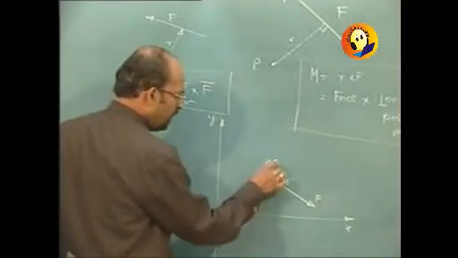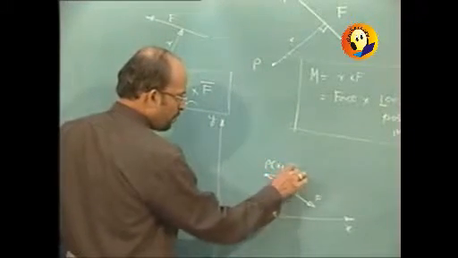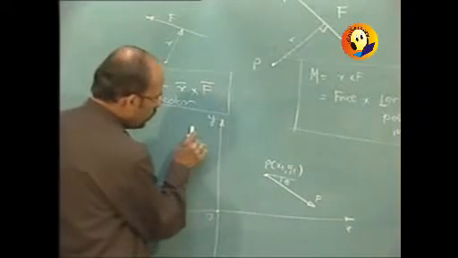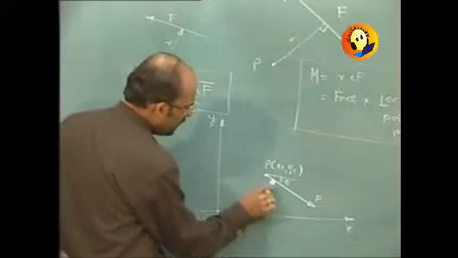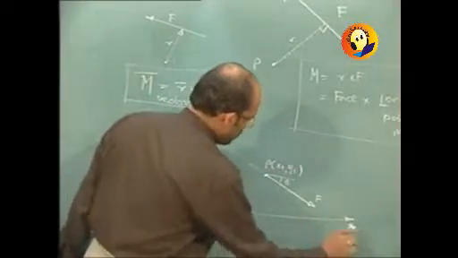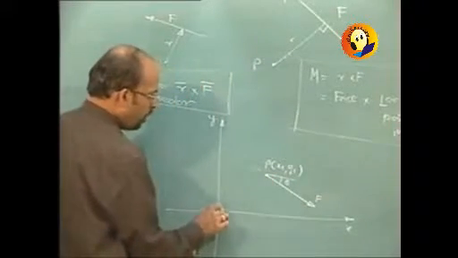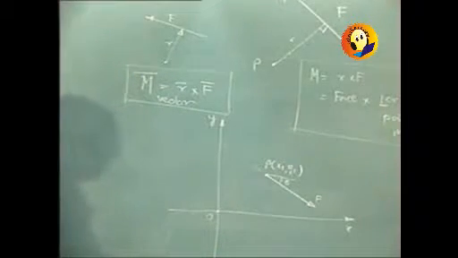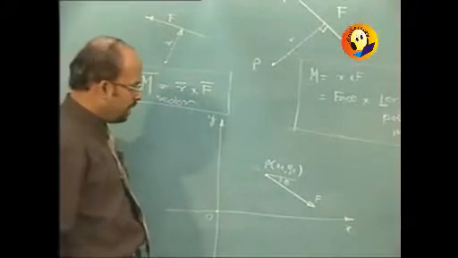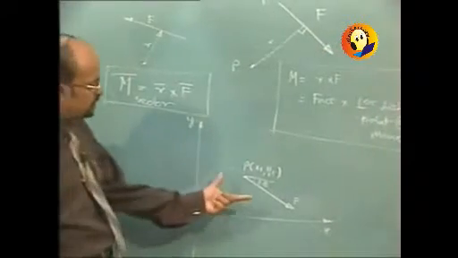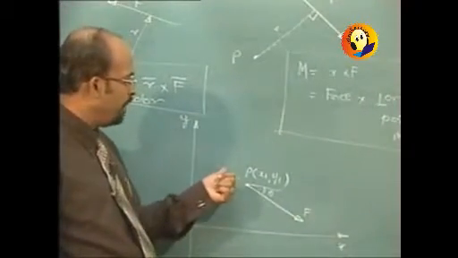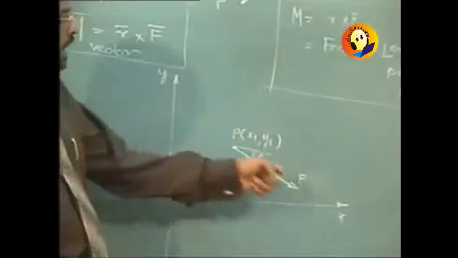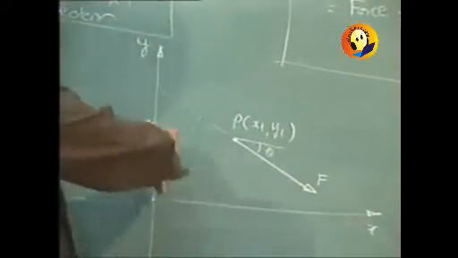This is point P, say x1, y1, at which the force is applied. Now I will have to go for some mathematical calculation, because I want to drop a perpendicular from here onto the line of action of the force.